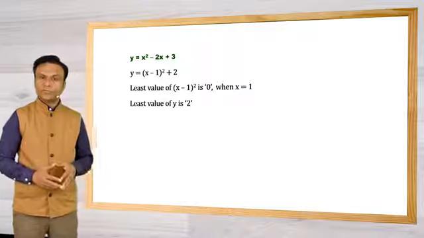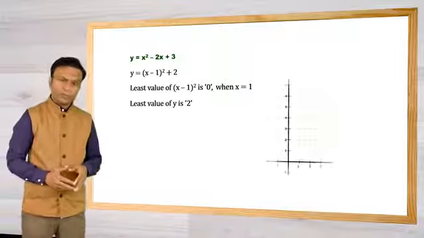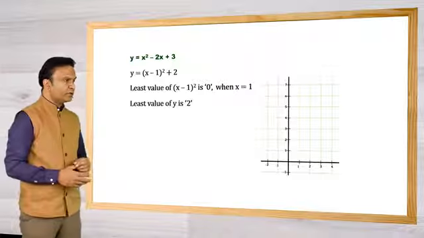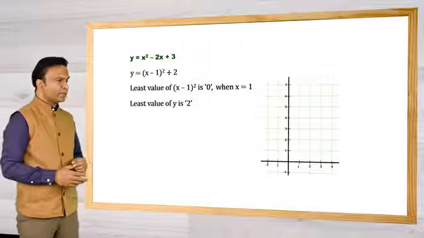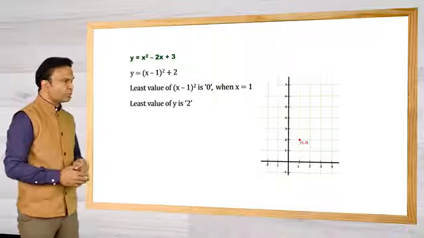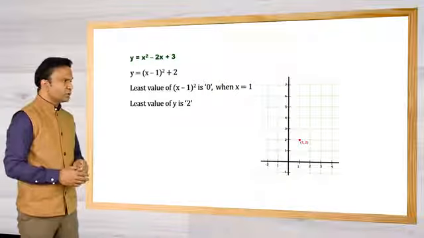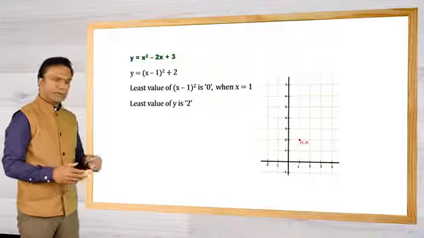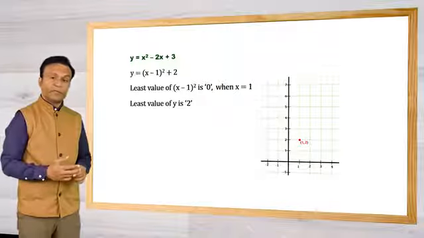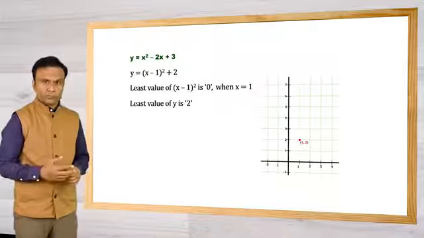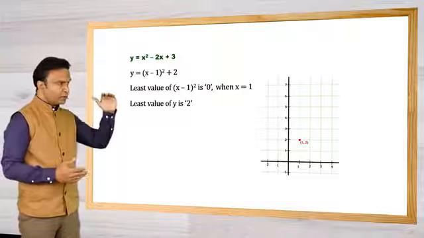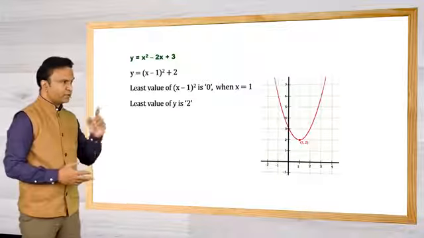So, on the graph of the function, we have the point (1, 2). So here we have a coordinate axis and we put the point (1, 2), which is the lowest point on the graph. Now if you take any value of x other than 1, the value of y will be more than 2. So now the graph moves upward from this point like this.